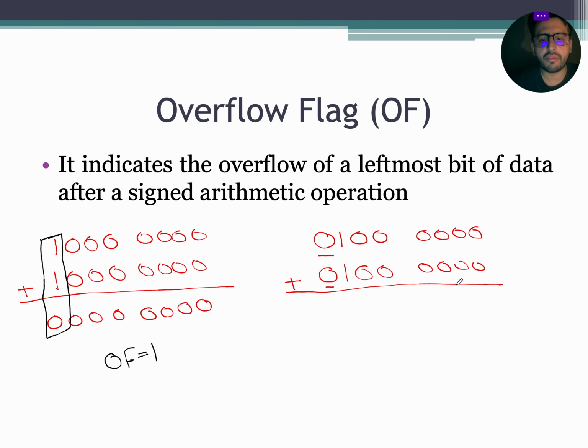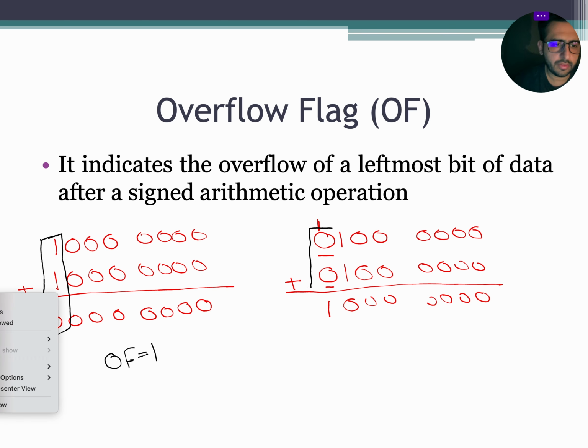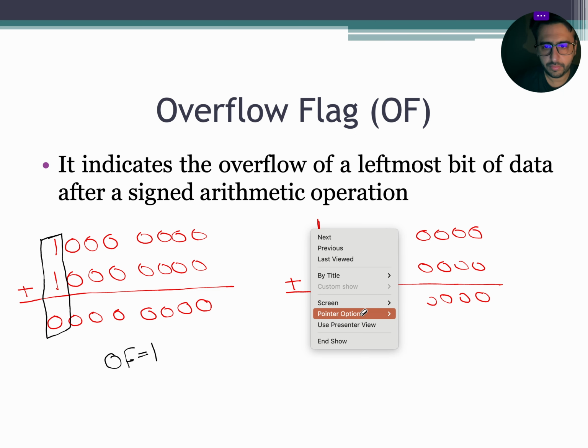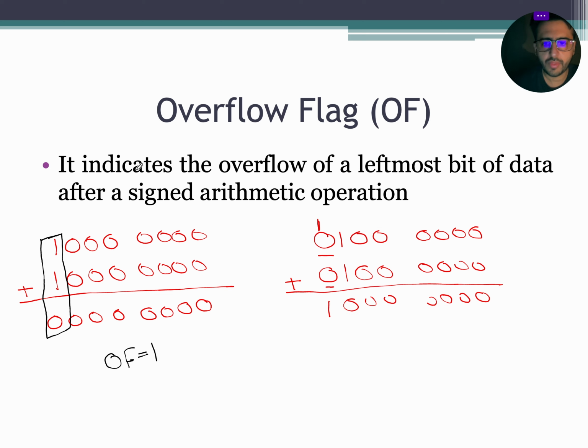So after addition, we get, just like the previous example, if you check over here, the sign bits of both the inputs are 0, while the output achieved sign bit is 1, which is exactly the opposite of the given data. So in this example, again, overflow is equals 1.